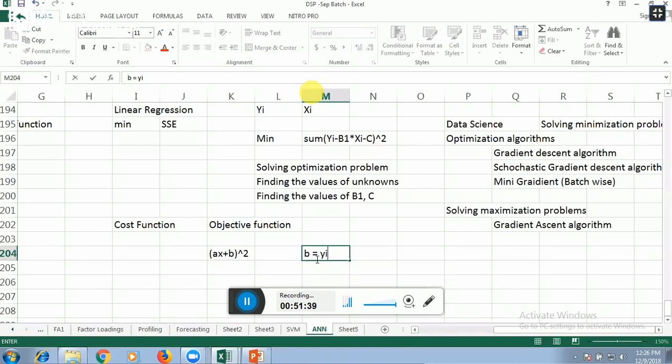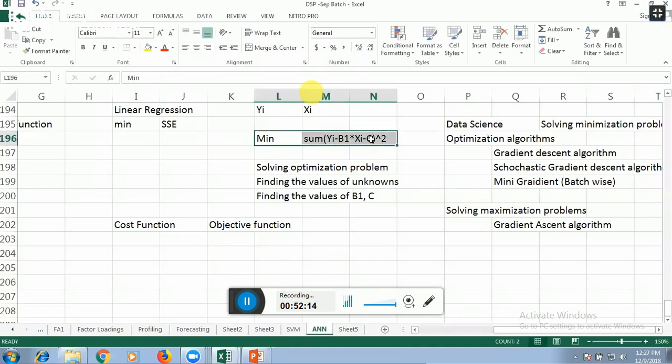B is nothing but yi minus c, and a is nothing but xi, assuming that x is nothing but your beta 1, just assuming that. So can I say that this one is similar to this? Okay, now any kind of quadratic function, a quadratic polynomial, you always have positive values.